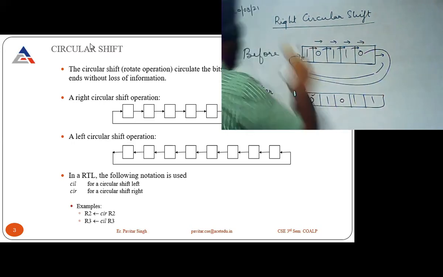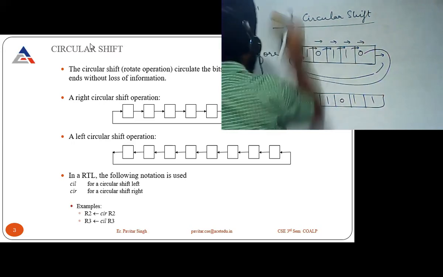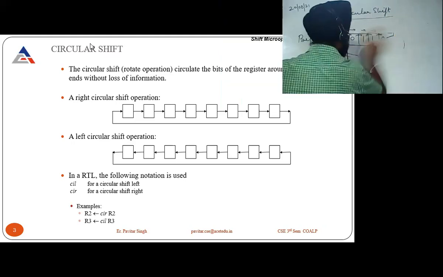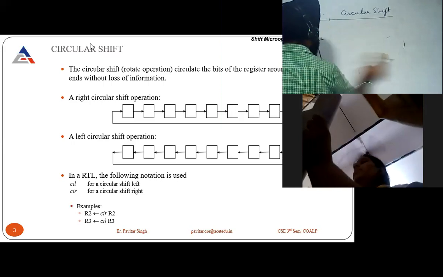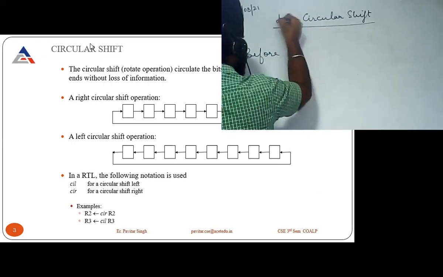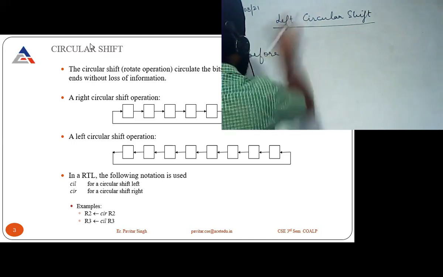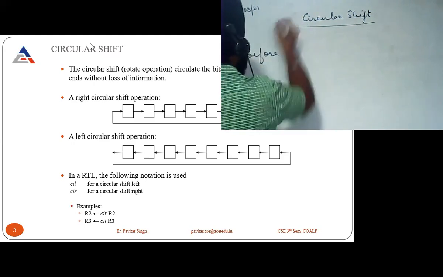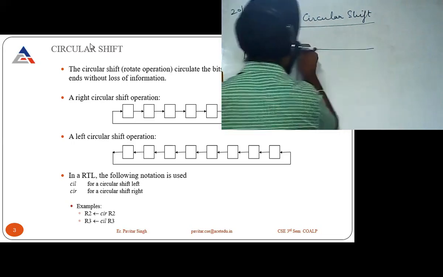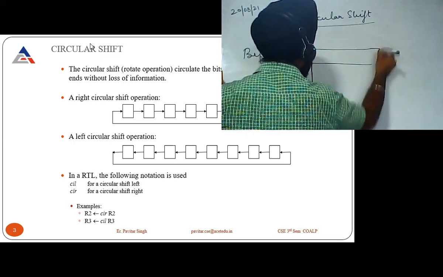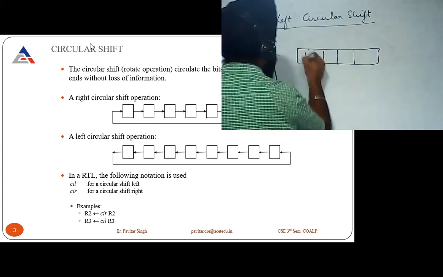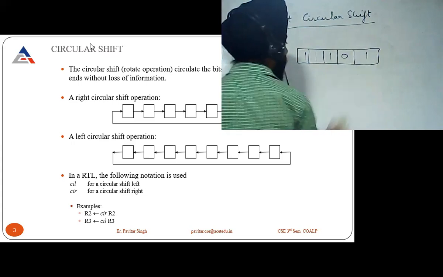Next we have left circular shift. Again, suppose you have 5 bits of data in your register, 11101, right?